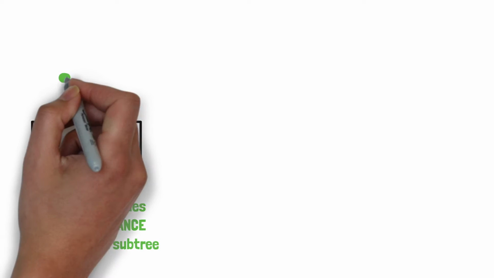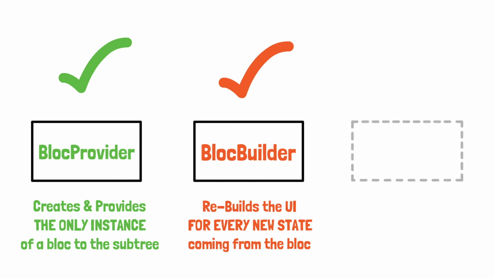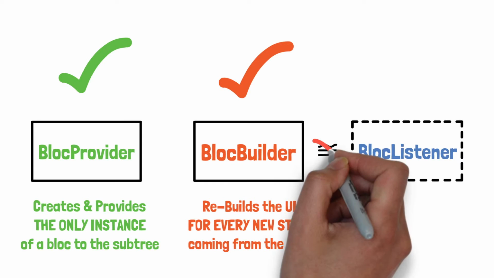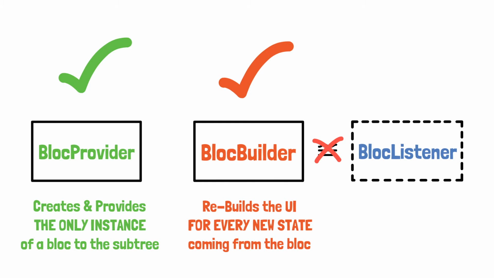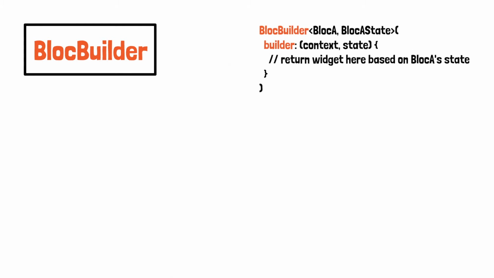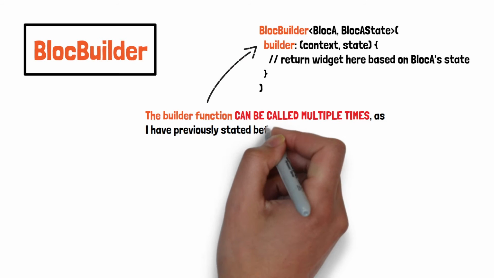I hope you understood the BlocBuilder concept, because it's now time to move on to another Flutter bloc concept, which is BlocListener. BlocListener has mainly the same structure as BlocBuilder, but it is really different in many ways. You see, the BlocBuilder function can be called multiple times inside the Flutter engine due to how the Flutter engine works behind the scenes.